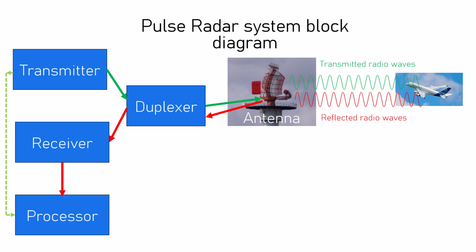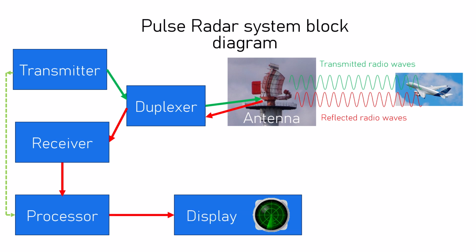The processor measures the time difference between the transmitted and received pulses, together with the size of the received pulses. The processor is then connected to the display, which shows the direction of the received beam as the antenna rotates and shows the distance to objects and their relative sizes.